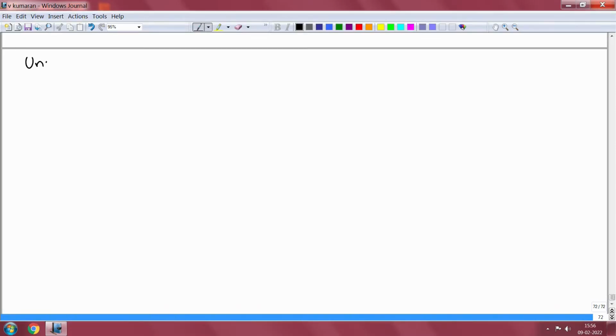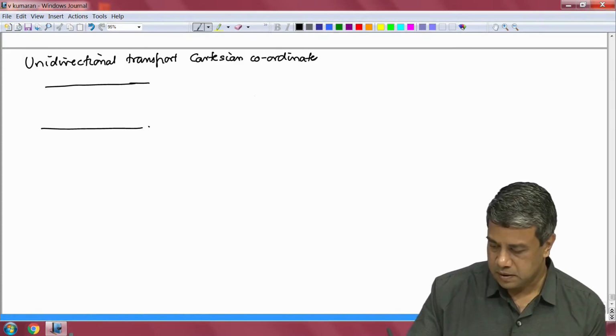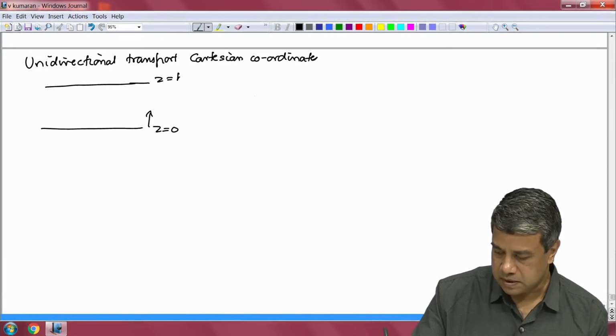In the last lecture, we were looking at unidirectional mass, momentum and energy transport in a Cartesian coordinate system. So, basically we had two surfaces perpendicular to the z direction at z is equal to 0 and z is equal to h.